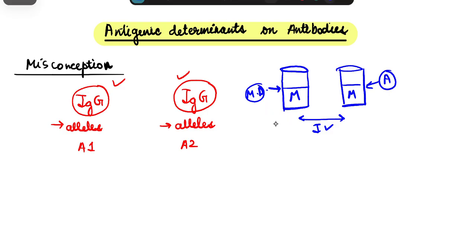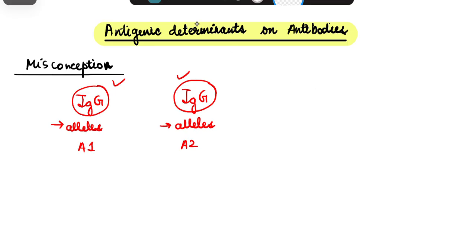In that condition, both of them are still milk. That means they are isotypes of each other, but they are not allotypes of each other, because they are not synthesized or made from a similar dairy. So that is the very important concept which comes for allotype.